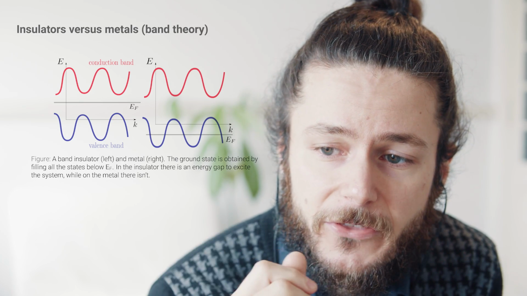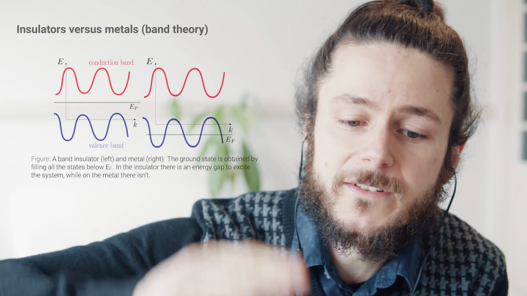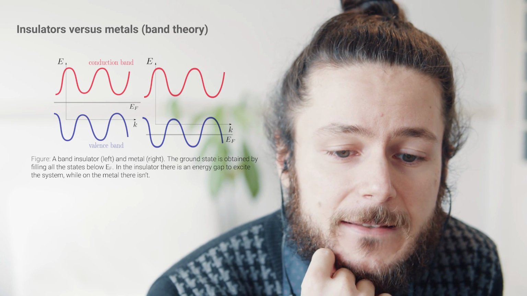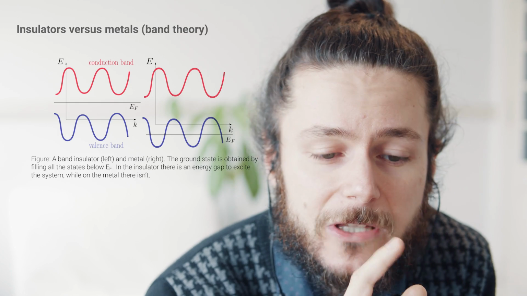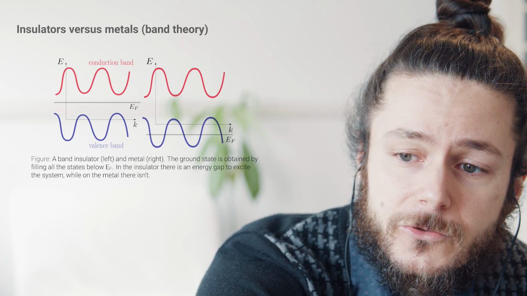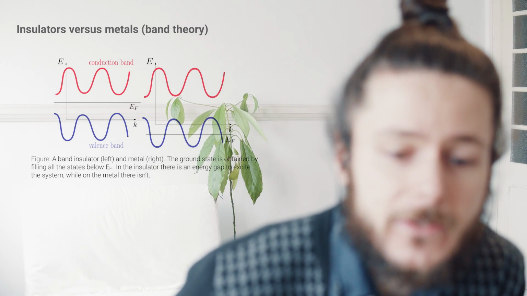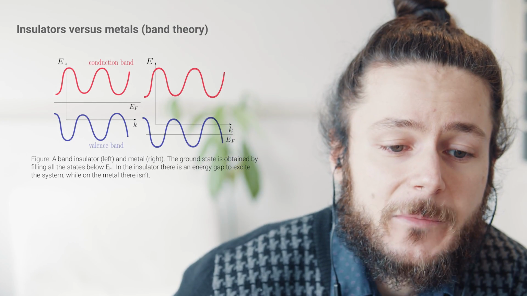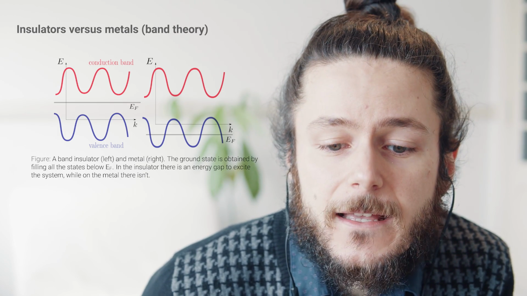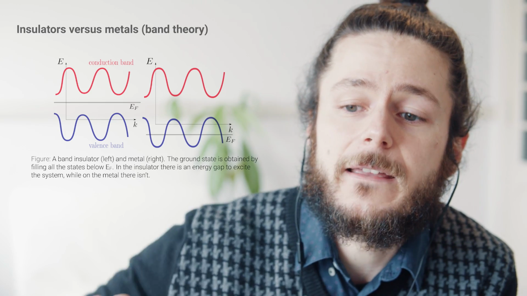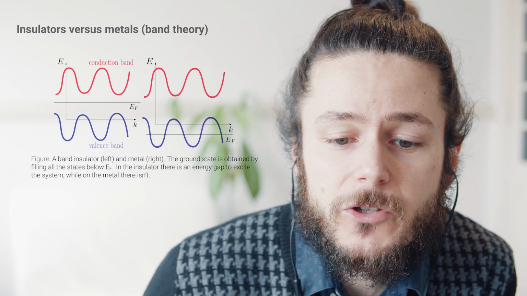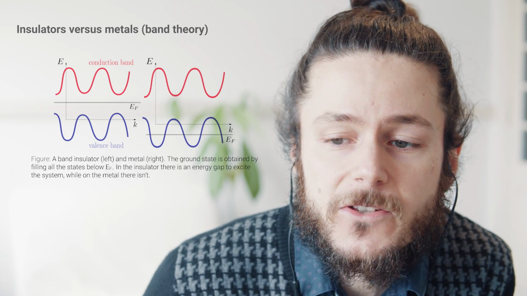The ground state of the theory is obtained by filling all the states which are below the Fermi level. And the difference goes like this. On the left, you have a gap to the other band because the Fermi level is here and you have this energy gap. And on the right, by inserting an infinitesimal energy to the system, you can excite electrons because there is no gap.